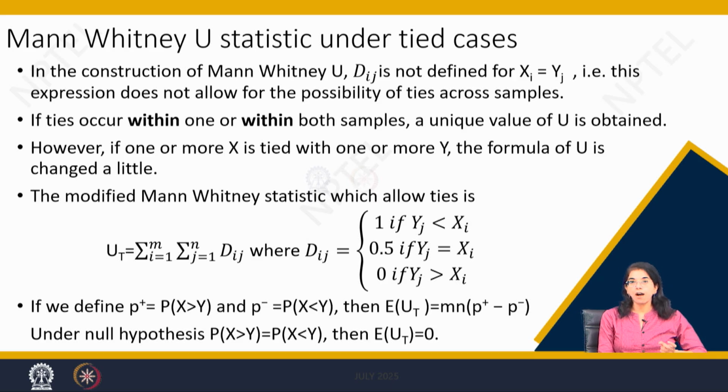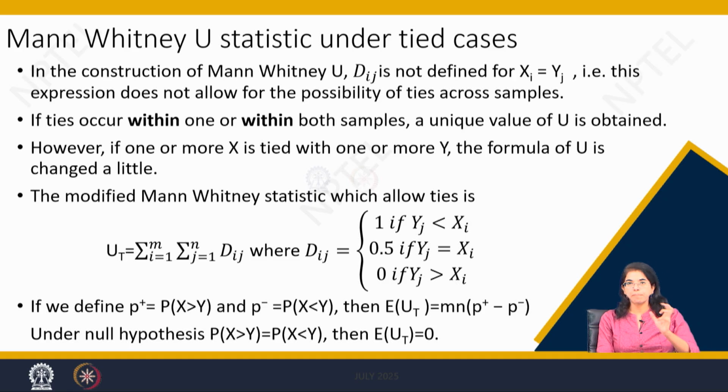Now the expectation of Ut quite obviously turns out to be Mn times (P plus minus P minus). Now Mn means how many observations? Just a quick recapitulation: you have M X observations and N Y observations, so a total of Mn pairs is possible.